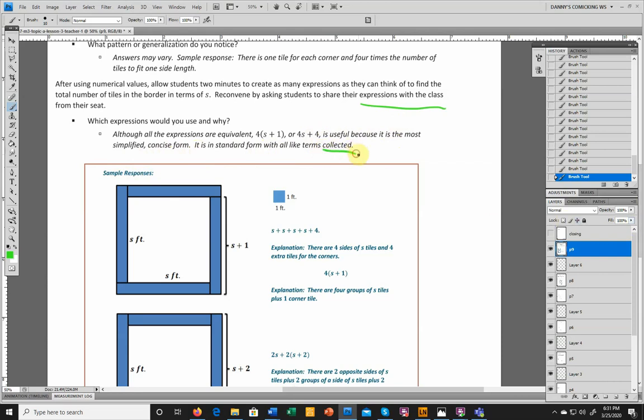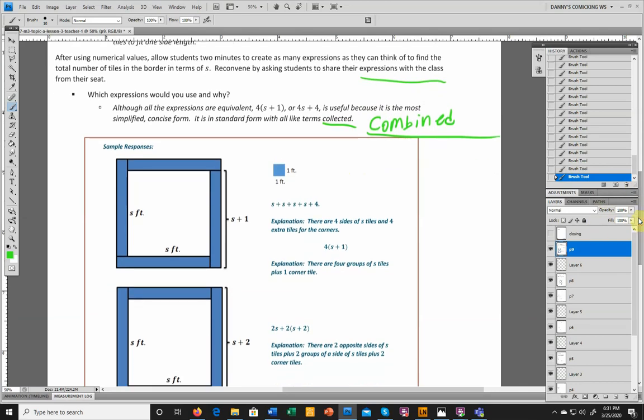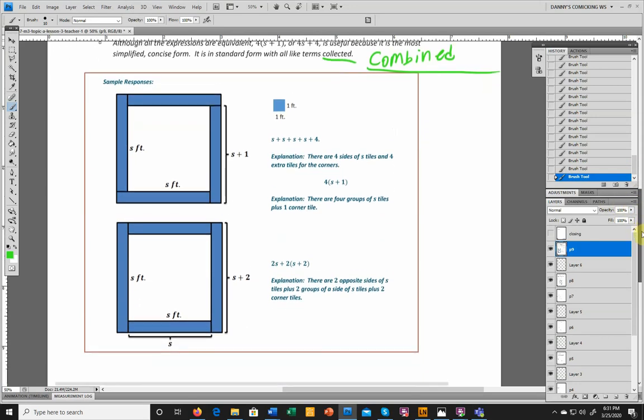They're using the term "collected," but that means combined like terms. That is actually the way that I've always heard it talked about. That word means put together, if you don't know: combined. So when you add something together, you are combining them. Okay.